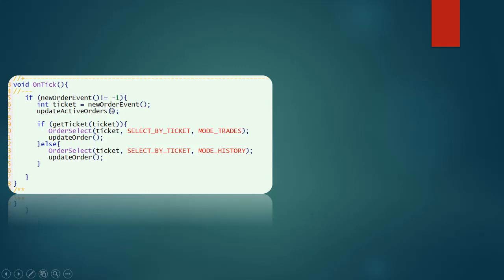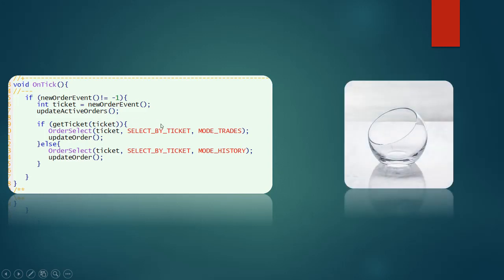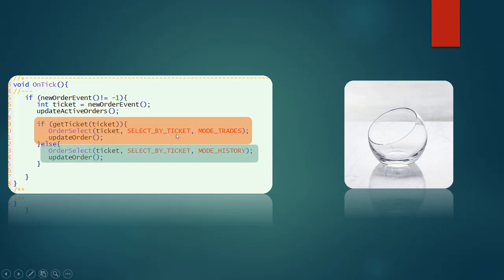If we detect that it is not this number, we try to find where the ticket is, which pool. So I take this ticket to find that order in two different pools. The first one is trade. The second one is history.